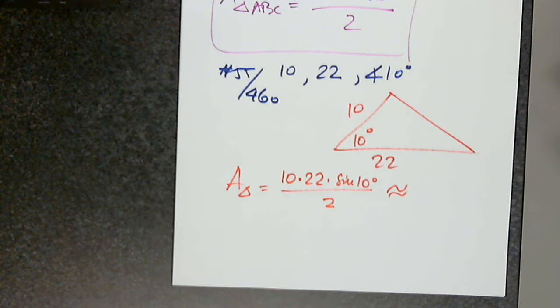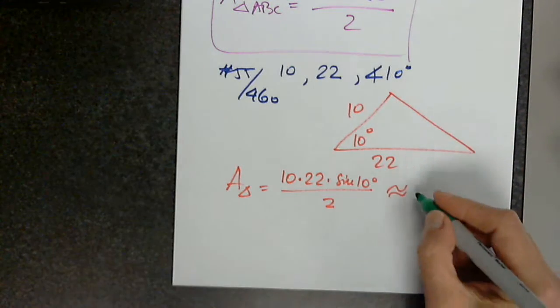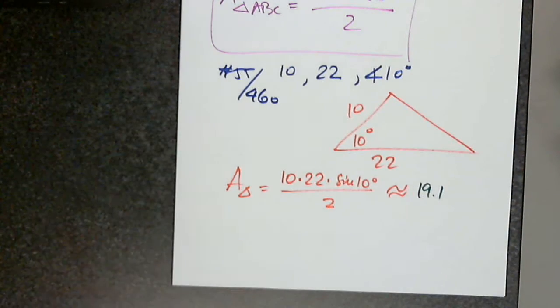So I got 19.1. That's the area of this triangle, 19.1 squared units, whatever the units are. We're not given any units. Yes, 10 divided by 2 is 5, so I had 5 times 22 times sine 10.